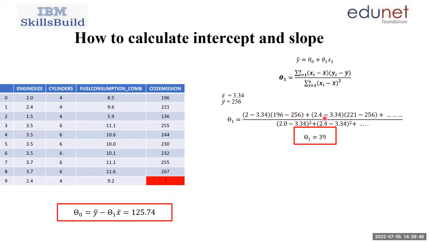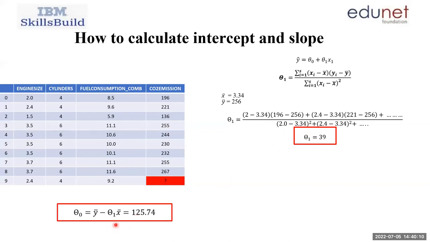We have to repeat the addition up to the last row. That gives the numerator. The denominator is the sum of the squared differences, xi minus the mean. From that we will get the optimum value of theta 1 as 39.